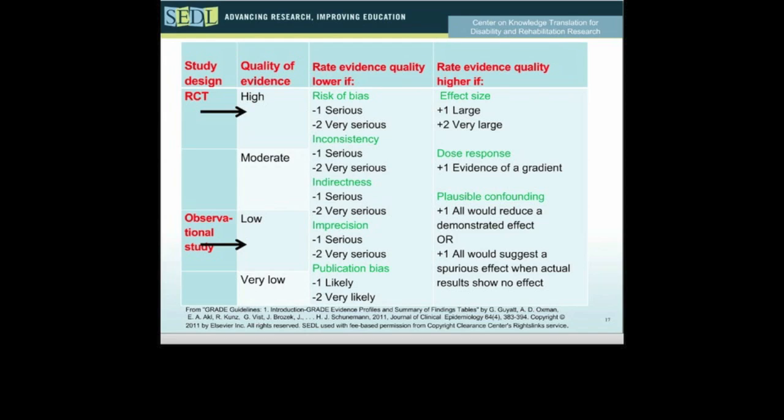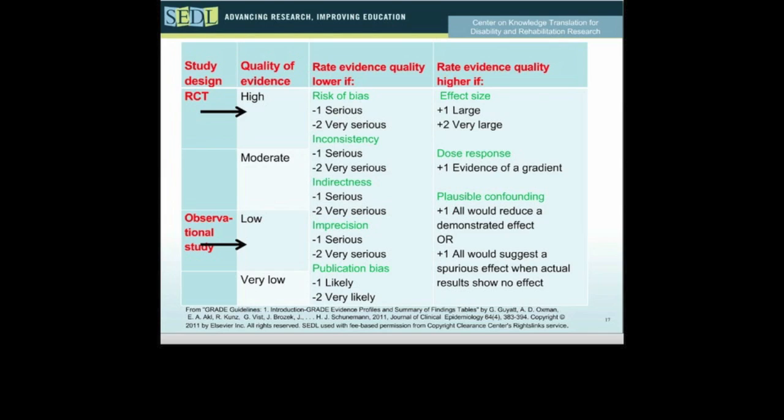Risk of bias, inconsistency, indirectness, imprecision, and publication bias. And we talked about, I think, all of them in previous sessions. We'll get into detail, especially detail how GRADE looks at these in a minute.